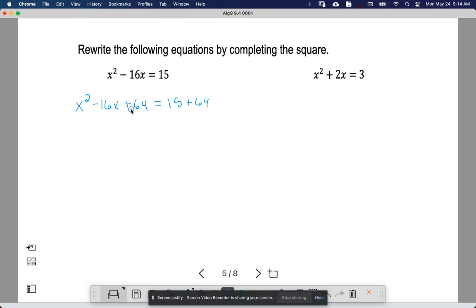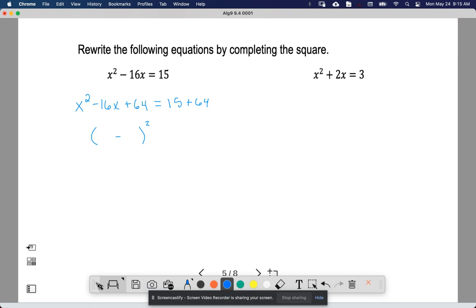Now, what's nice about this is that we're getting it to those binomial squareds. So we know this is going to come out to, the sign is a minus. So don't forget that. That's some of the positive parts about writing that part down where you do your minus 16 divided by 2. That's your minus 8. What's nice about having that written down is that that minus 8 goes right in here.